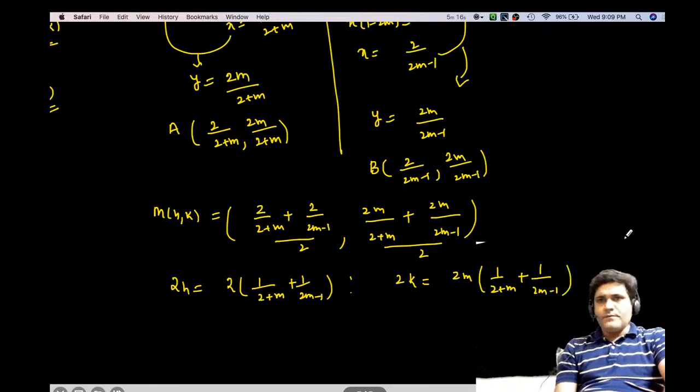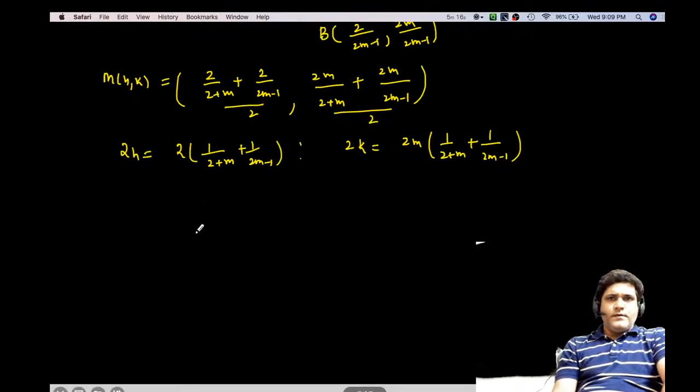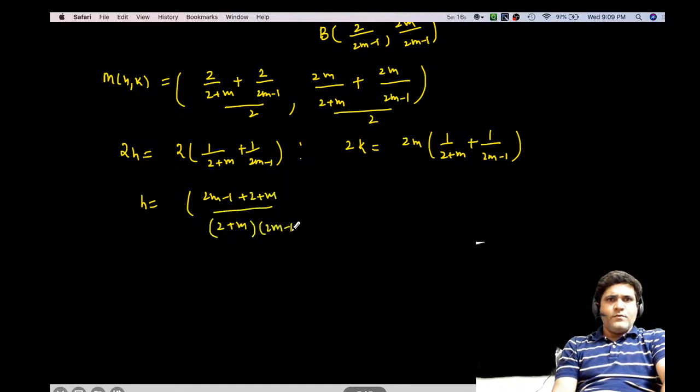From here, see, 2 is 2 cancel, therefore h is equal to what you have: 2m minus 1 plus 2 plus m by 2 plus m into 2m minus 1, comma, here also k is equal to m times 2m minus 1 plus 2 plus m by 2 plus m into 2m minus 1.